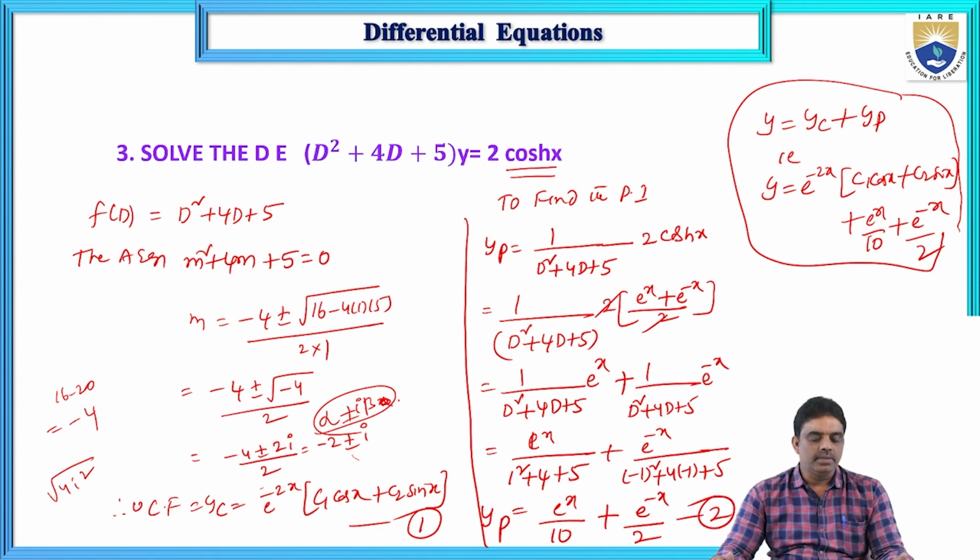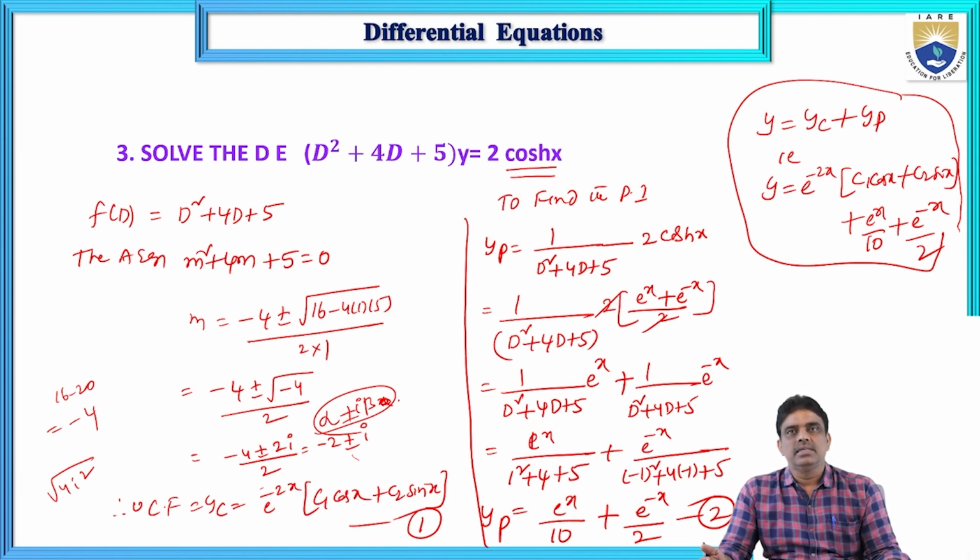So in this way, we can find the particular integrals of f of D into y is equal to Q of x, where Q of x is equal to e power ax. Not only e power ax: if it is 1, we consider it as e power 0x. If it is some constant, we write it as constant into e power 0x. If it is sinh x, then e power x minus e power minus x by 2.